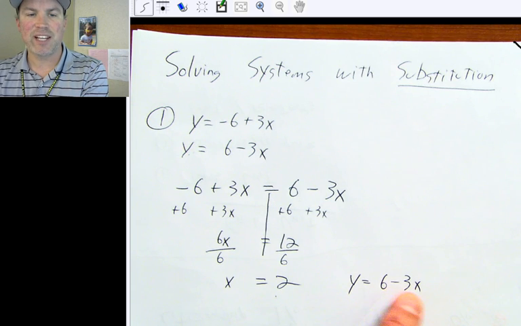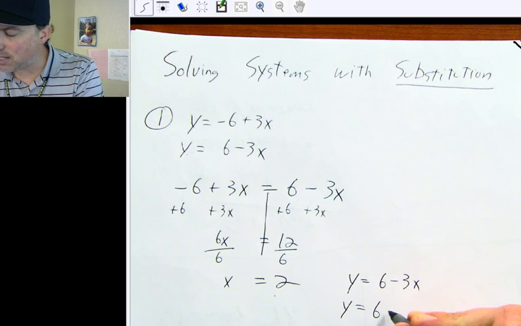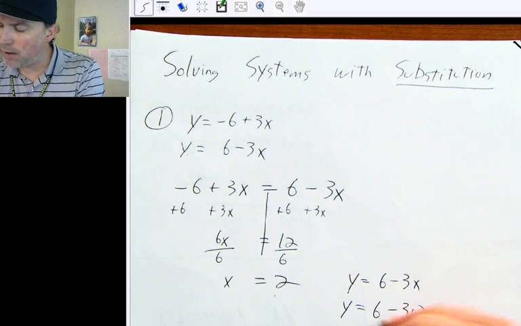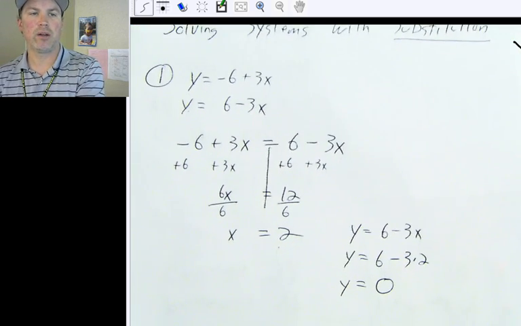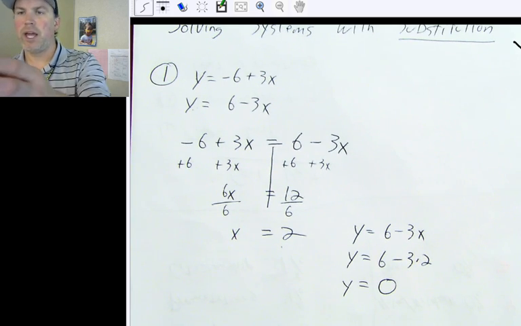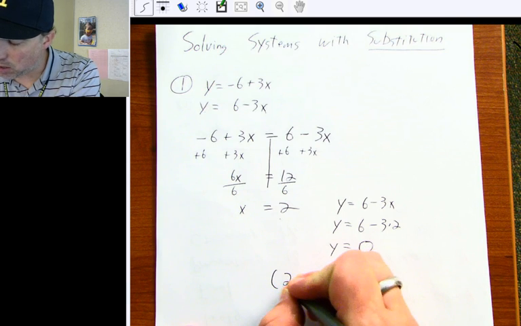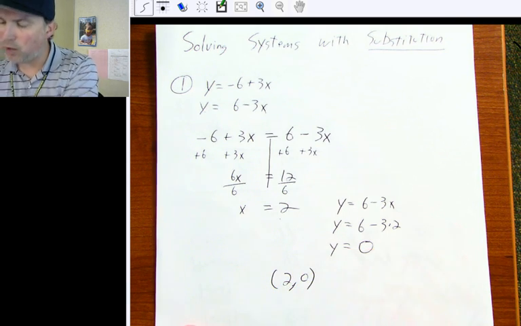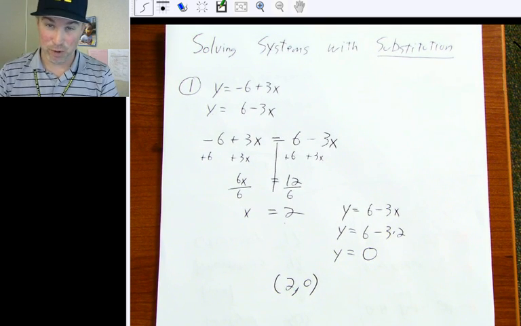Everywhere I see an x, I plug in 2. So y equals 6 minus 3 times 2. Follow the order of operations, and you end up getting y equals 0. And don't forget to give your answer as a coordinate. The x-coordinate was 2, the y-coordinate was 0, and this is a good starting substitution problem.